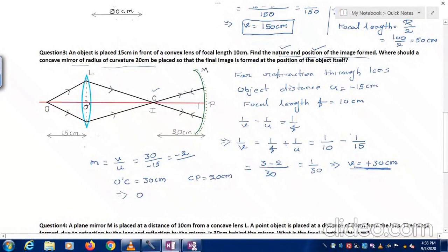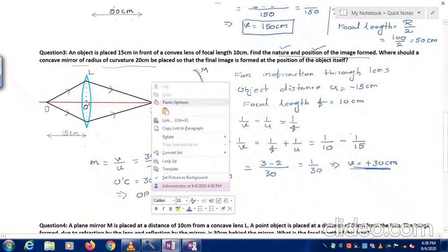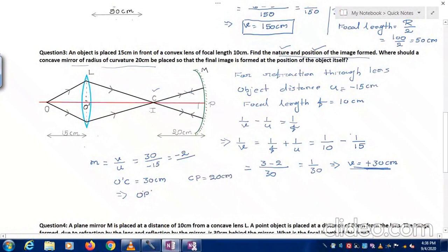This implies the distance between the lens and the mirror, that is O dash P, is equal to O dash C plus CP. So this is equal to 30 plus 20. This is equal to 50 centimeter. So the answer is the distance between the lens and mirror is 50 centimeter.